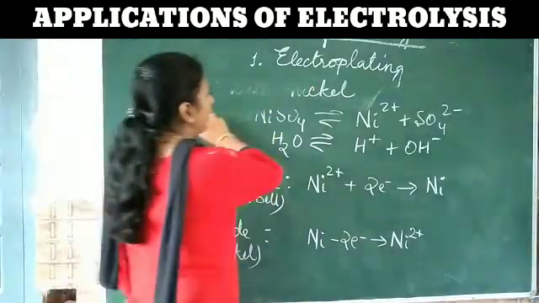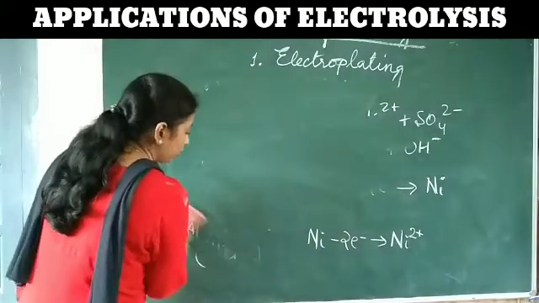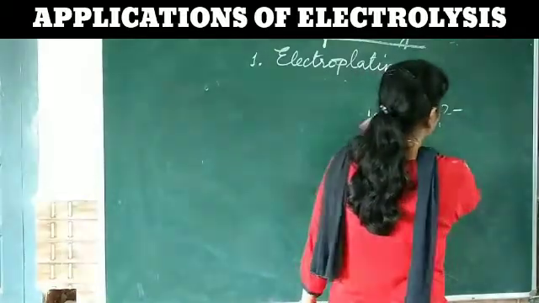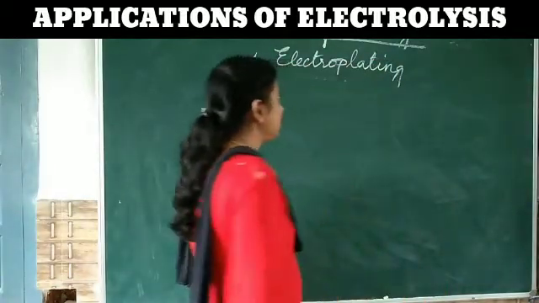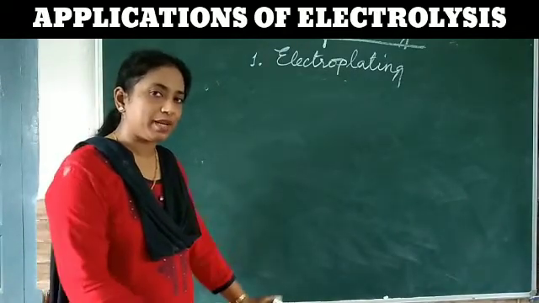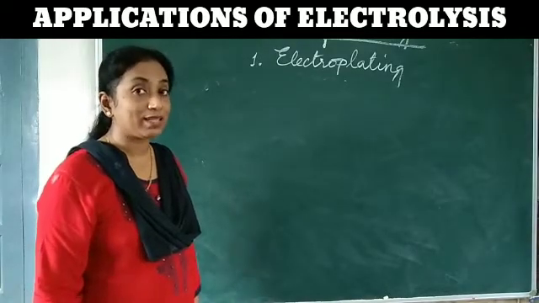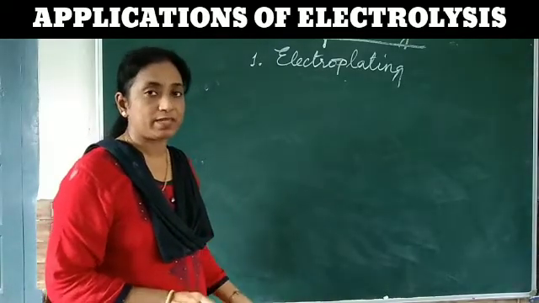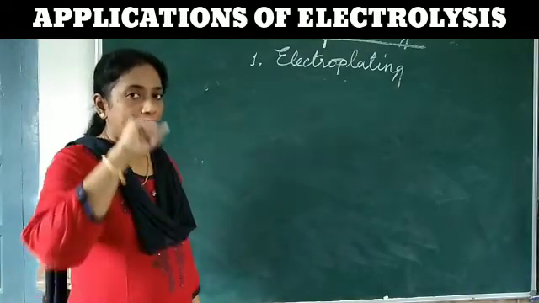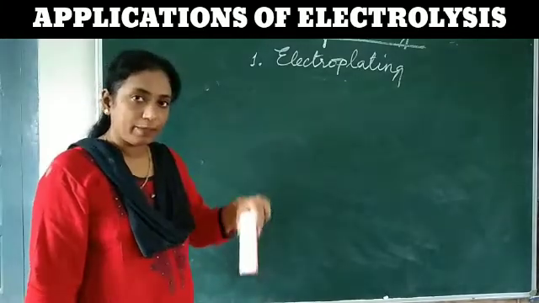The second and third applications, children, electro refining and electrometallurgy, we use in metallurgy, the extraction of metals, and that also depends upon the same principle as this one. Electro refining means using electricity to refine a metal from its impurities, so impurities are removed and the metal is got in the pure state.